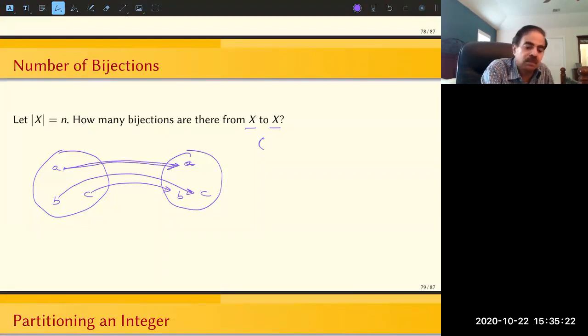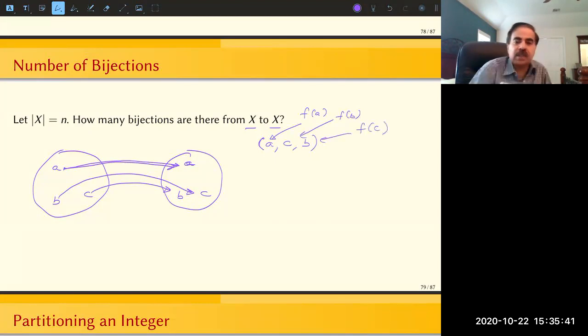So this particular one is going to be written as A, C, B. Think of it as writing out f of a, f of b, and f of c. Let's call the bijection we are working on f.